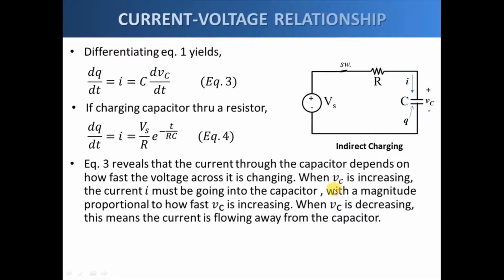Now when V sub C is increasing, the current is actually directed towards the capacitor, with a magnitude that is proportional to how fast V sub C is increasing. When V sub C is decreasing, that is, we have a negative slope, that means the current is actually flowing away from the capacitor. And how fast the current is flowing again depends on the magnitude of dV_C/dt.